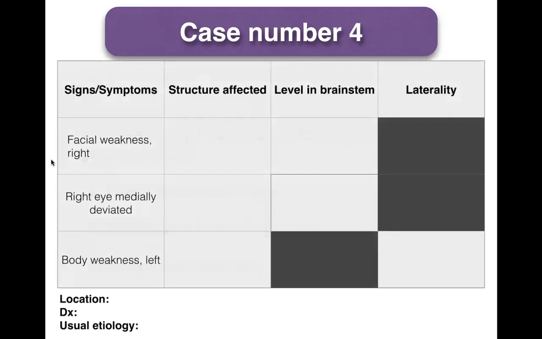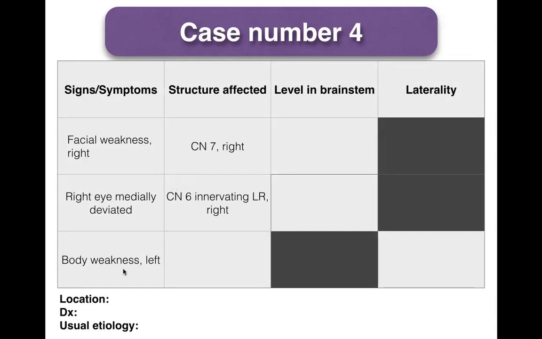Let's tabulate. Facial weakness on the right side likely indicates a lesion affecting cranial nerve number 7 on the right side. The right eye is medially deviated, indicating that the lateral rectus is not functioning, and we all know that the lateral rectus is under the innervation of cranial nerve number 6.